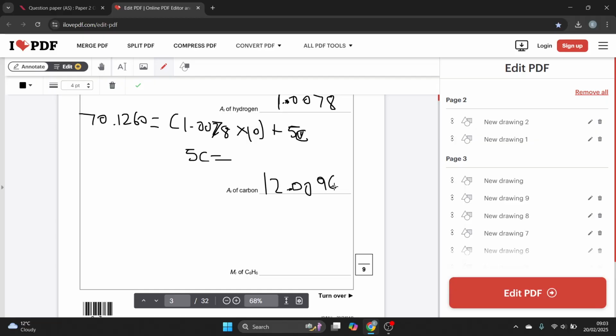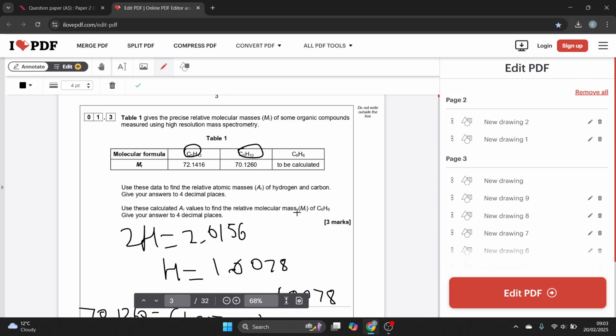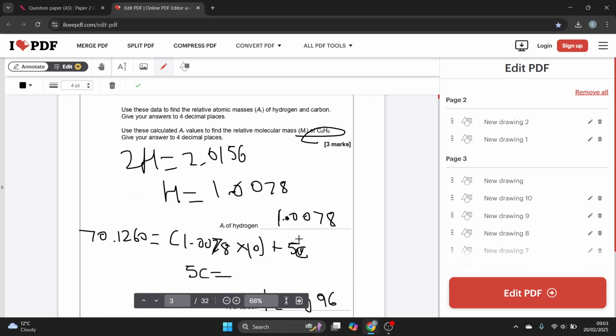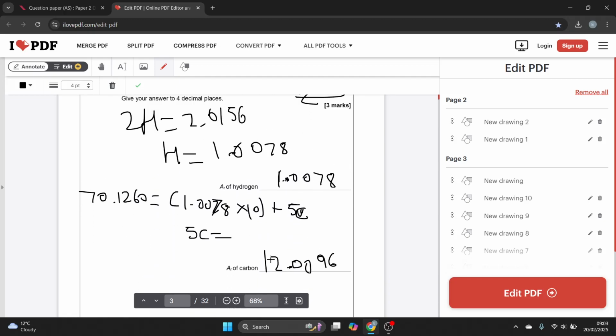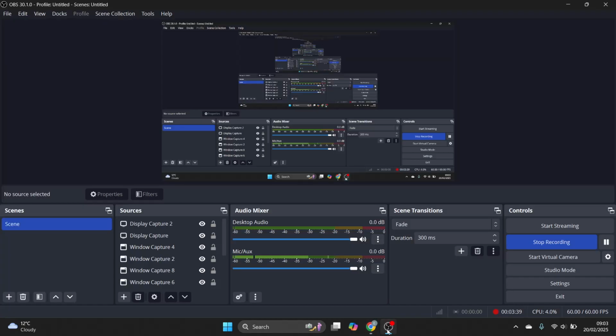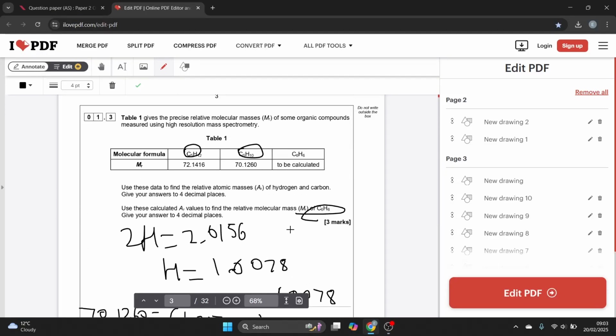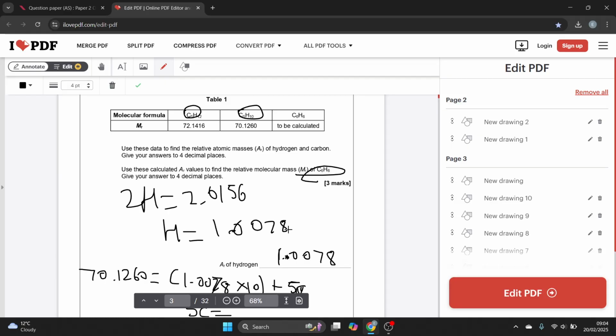And then the final part says calculate the Mr of C6H6. I'll just substitute that in: 12.0096 times by 6 plus 1.0078 times by 6.